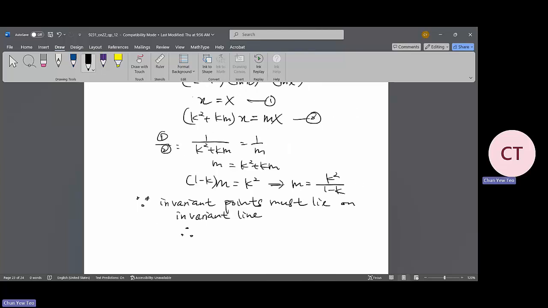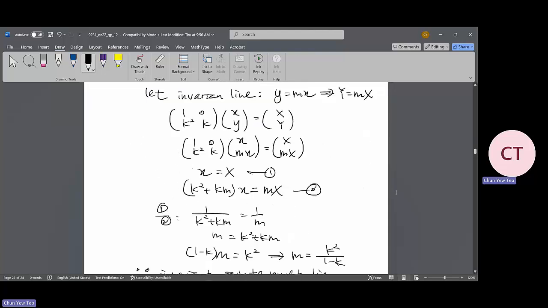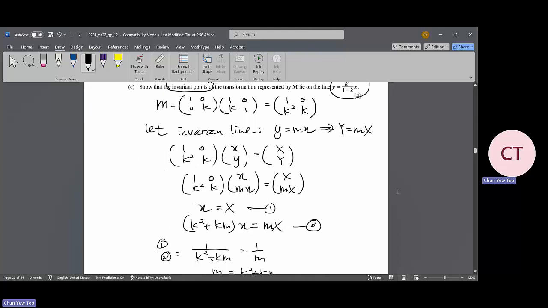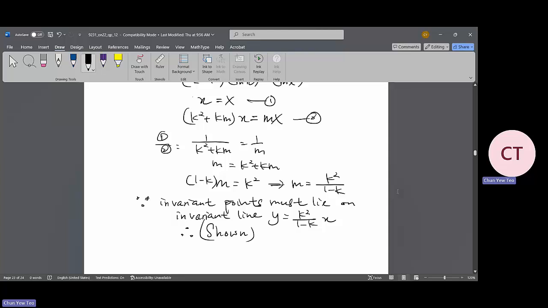An invariant line is a y equal to the mx. So therefore, shown. Okay, just like that, done. So this will be the answer for the question number 3, C.